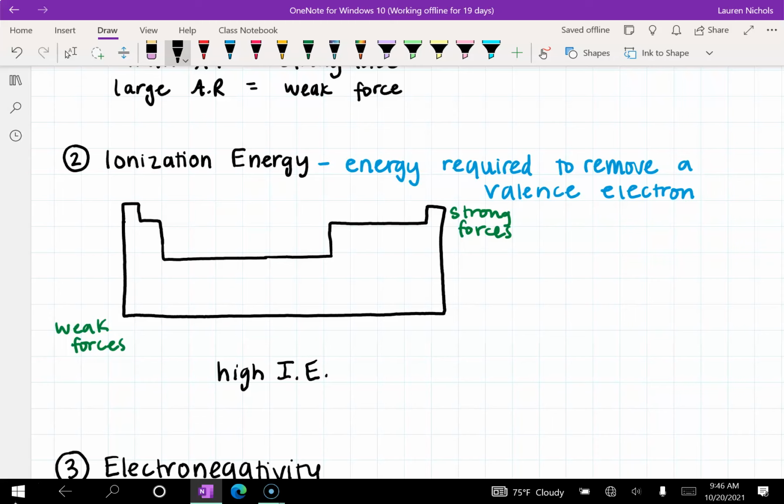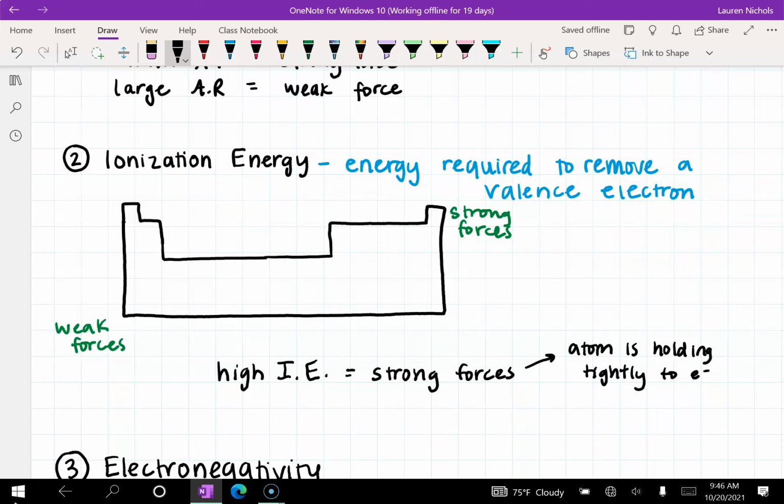If I have a high ionization energy, that means it requires a lot of energy to remove the valence electron. If it takes a lot of energy to take something away, that means I'm holding on to it really tightly, which requires strong attractive forces, because the atom is holding tightly to the electron.